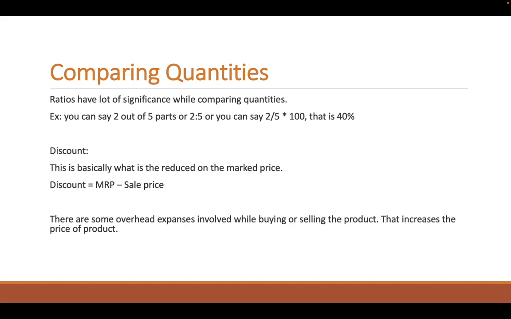There are some overhead expenses involved while buying or selling the product, and that increases the price of the product. This is another concept it is making you aware of, not necessarily about discount. It's saying current price equals buying price plus overheads.